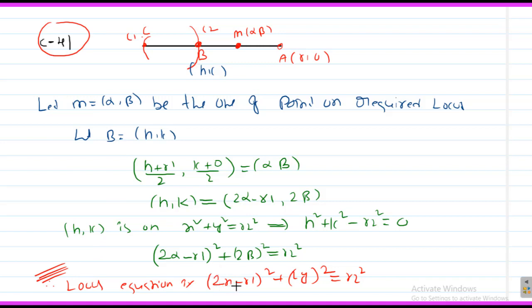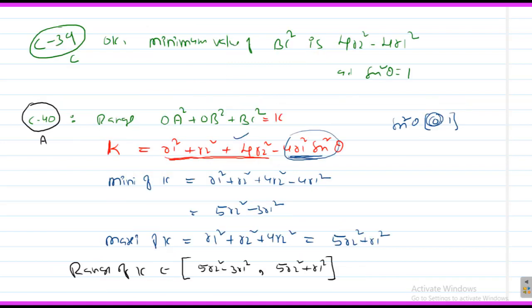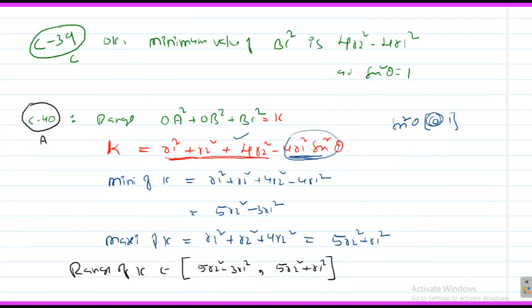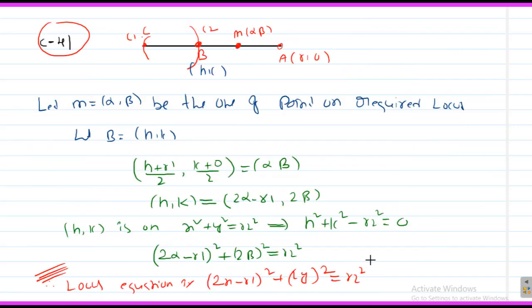2x minus R1 whole square. They took 2 common, so I will simplify it. What happened? x minus R1 by 2 whole square plus y square equal to R2 square by 4.